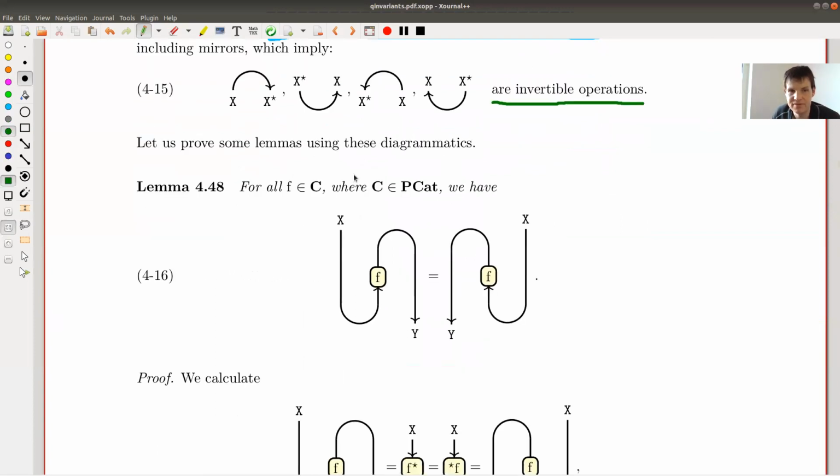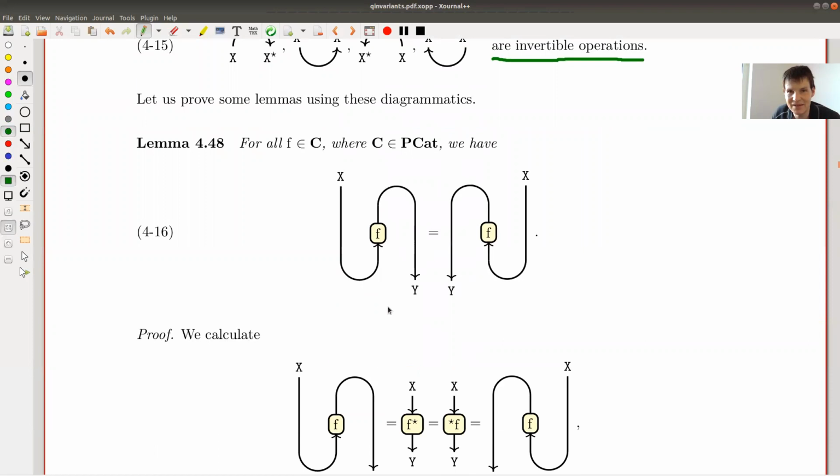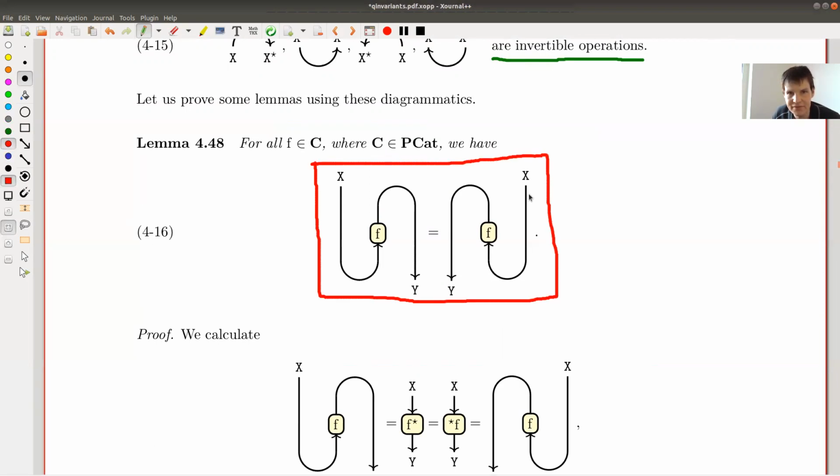For example, in this category, we would have an equation which looks like this. So pulling things to the right and pulling things to the left is the same. So whether I do this one with my box here, or whether I do this one with my box here, they're just equal.